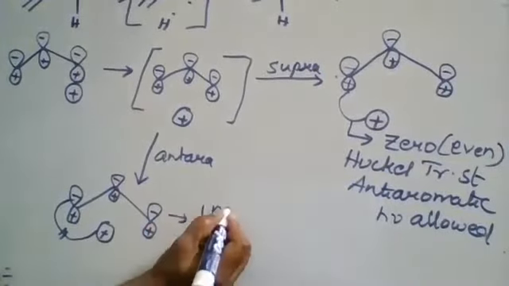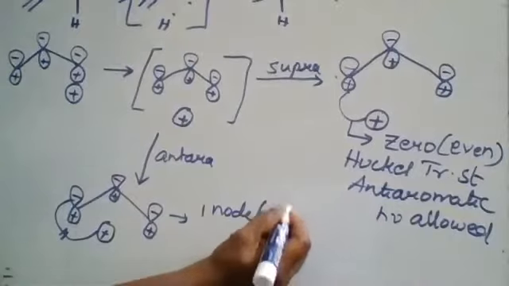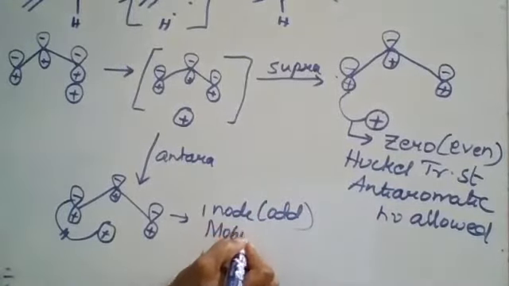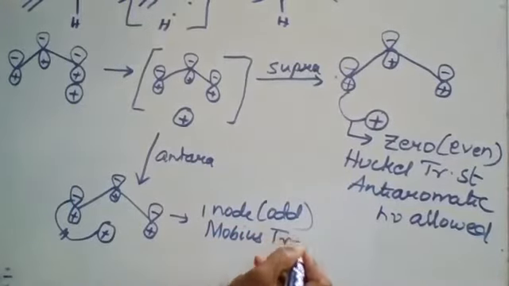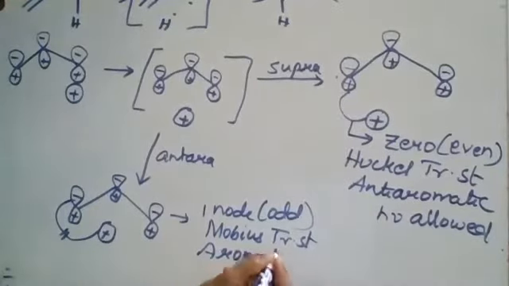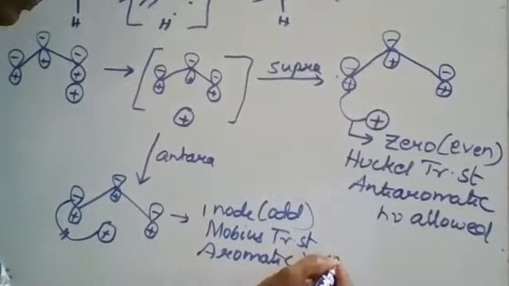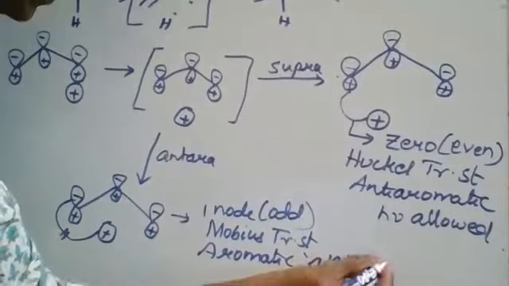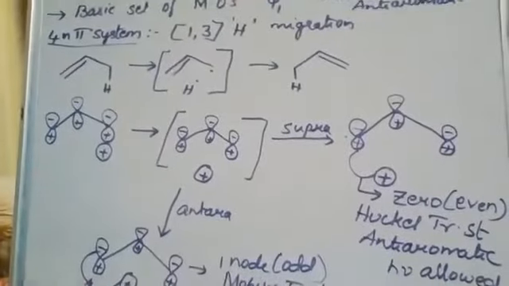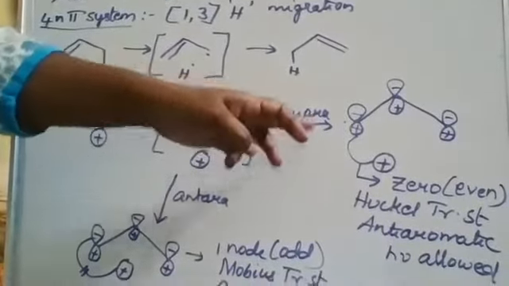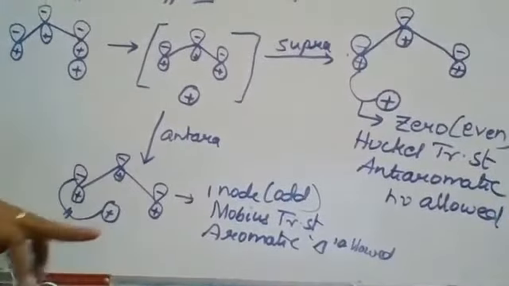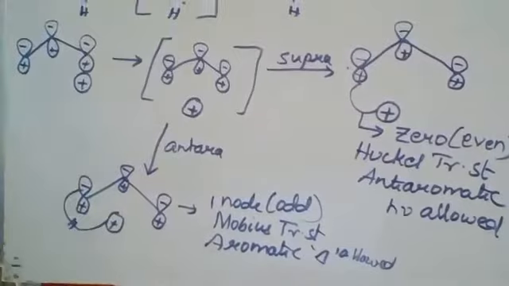So one node, it is an odd number of nodes, it is a Mobius transition state. Since it is a 4n pi system, it is aromatic. All aromatic transition states are thermally allowed. So in case of 1,3 hydrogen migration, suprafacial migration is photochemically allowed, whereas antarafacial migration is considered to be thermally allowed.